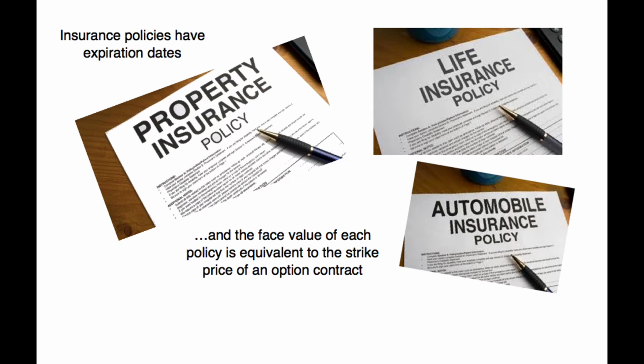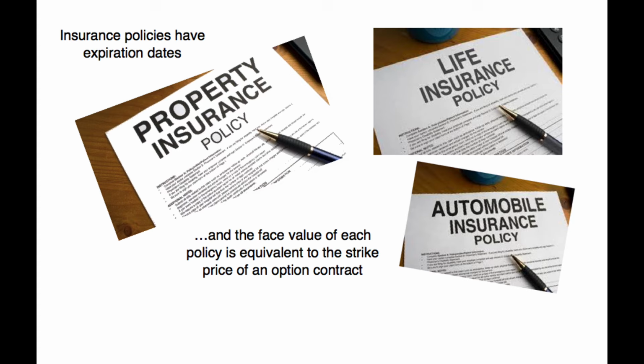Now, many of you are already familiar with options. You just may not have known that. Remember, an insurance policy is actually a contract between you, the policy holder, and the insurance company, which is writing you the policy. That's a term in insurance called writing. They're issuing the policy for you and giving you that coverage.